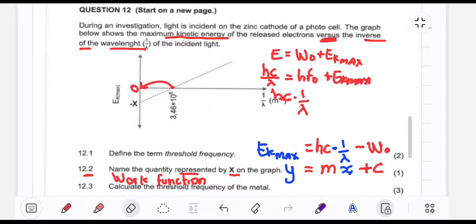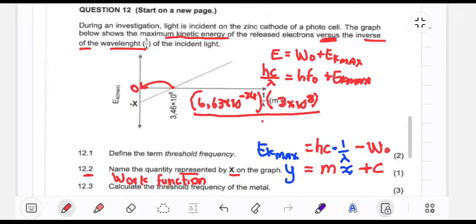So what I'm trying to say is that you would have had 6.63 multiplied by 10 to the power of negative 34, times our C which is 3 times 10 to the 8, all over lambda. So 1 over lambda is this thing over here, which is 3.46 times 10 to the power of 6.